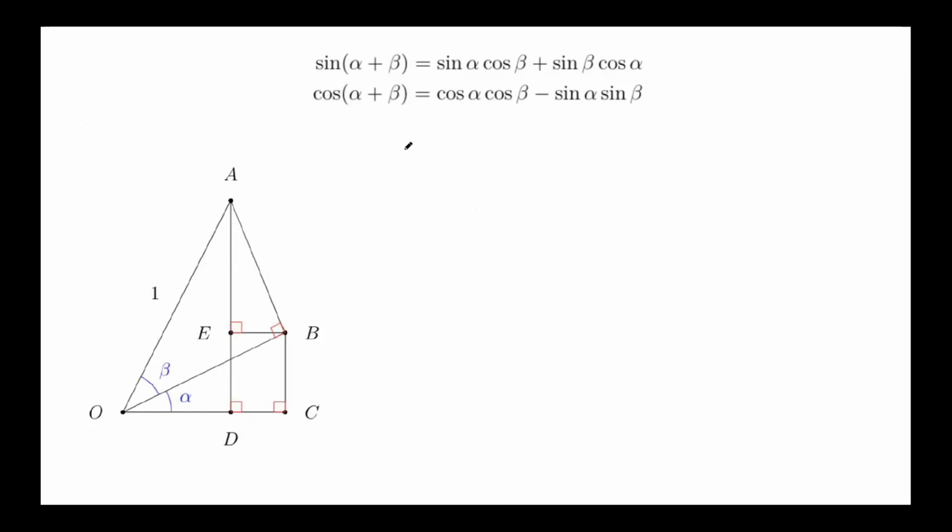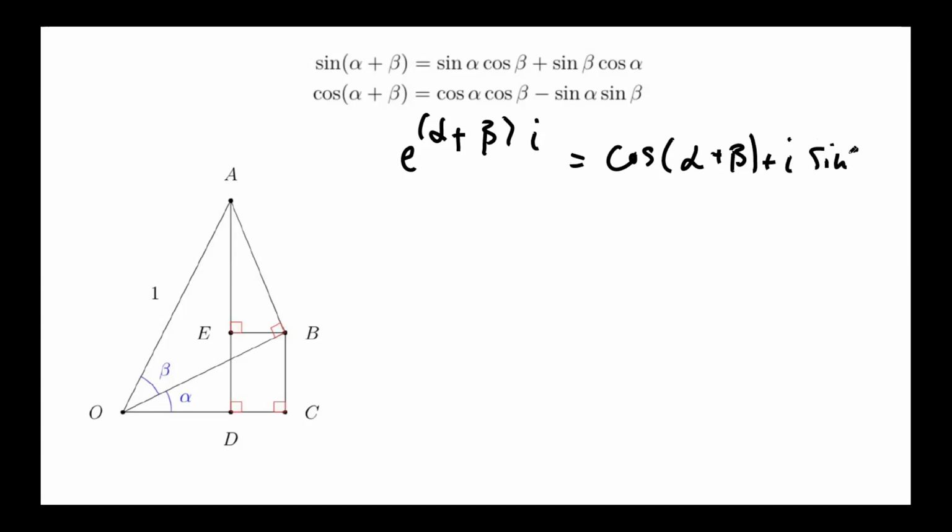If you remember, you can write e to the i times alpha plus theta as cosine of alpha plus theta plus i sine of alpha plus theta, because e to the i theta equals cosine theta plus i sine theta, or cis theta.